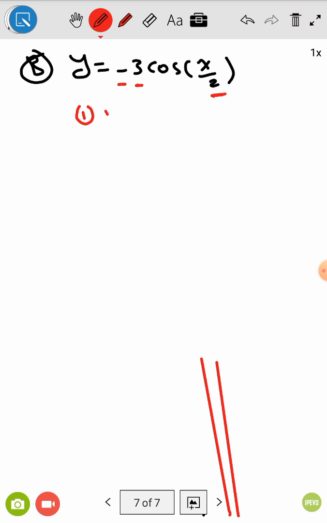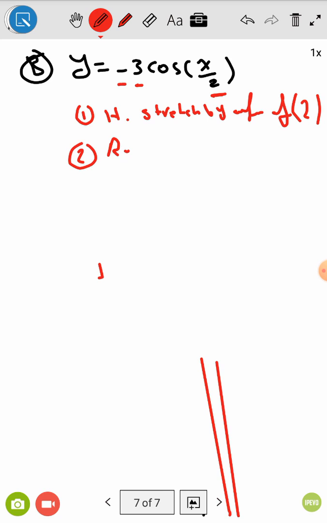So the first one, horizontal stretch by a factor of 2. You know the sentence; you flip the factor, don't forget that you have to flip it. 2, reflection across the x-axis. 3.